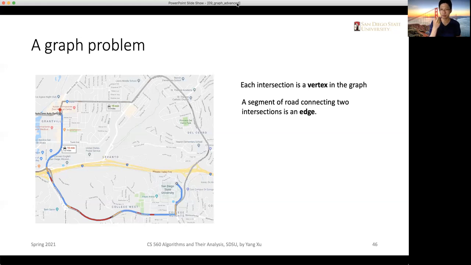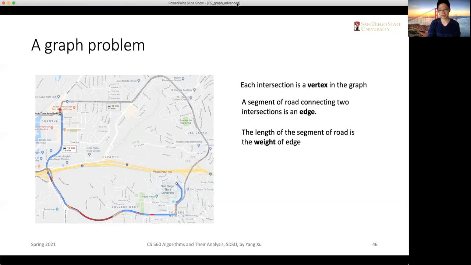So the road connecting the intersections is an edge, but that edge must be weighted, right? Because longer roads, of course, take longer to travel, and if we take traffic into consideration, it will be a more complex issue.